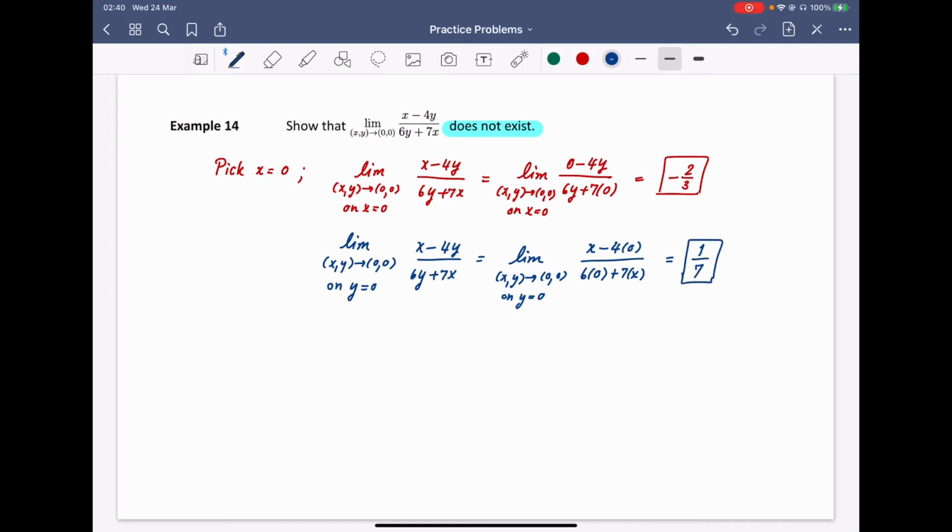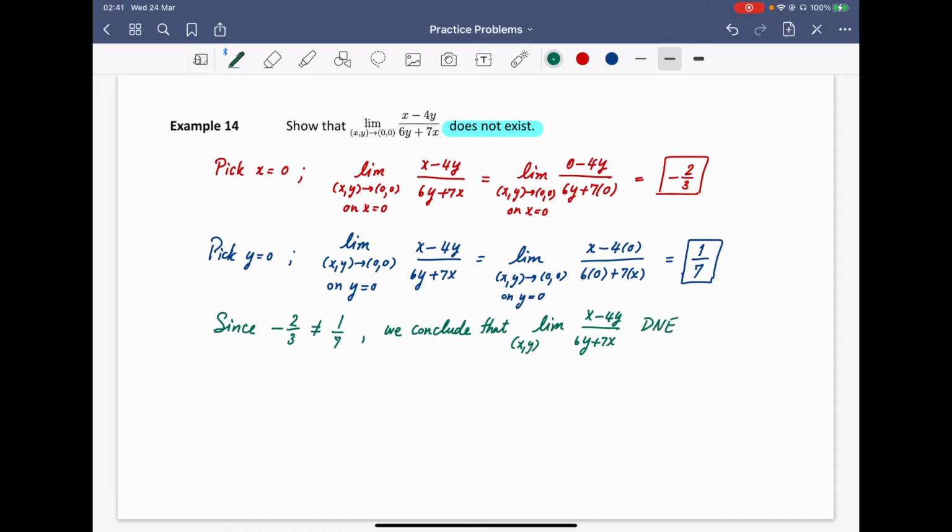These two numbers are not the same, right? They're not equal to each other, so that means at the end your conclusion is that since negative 2/3, which is the limit from picking x equal to 0, is not equal to 1 over 7, which is the limit when you pick y equal to 0, we conclude that the limit of x minus 4y over 6y plus 7x does not exist.